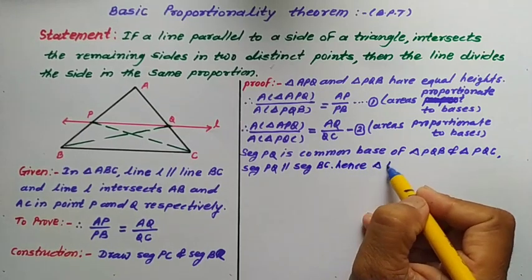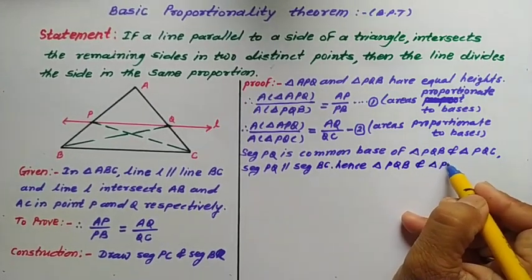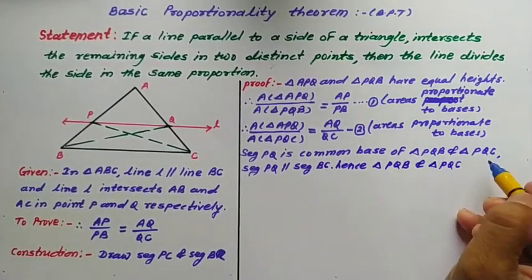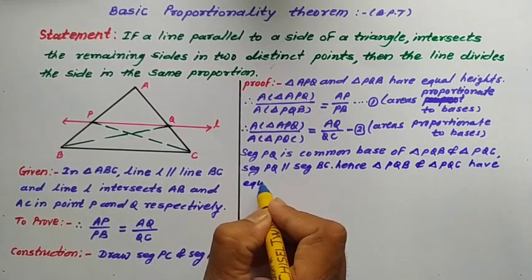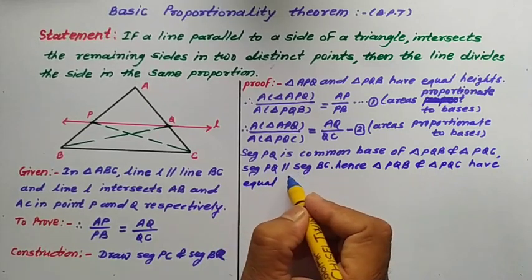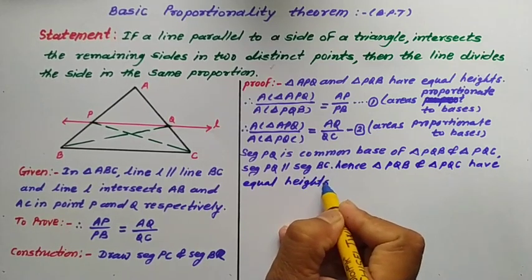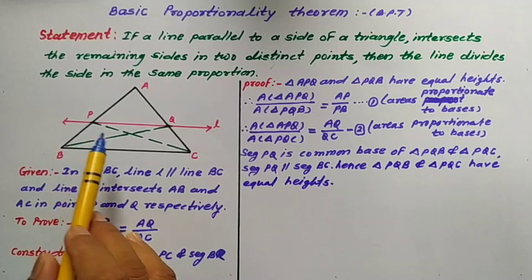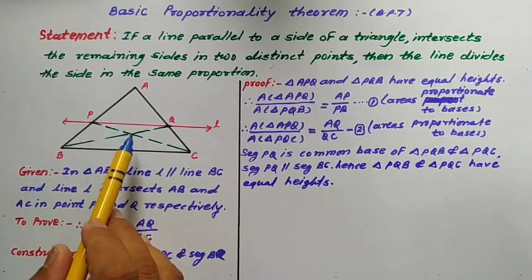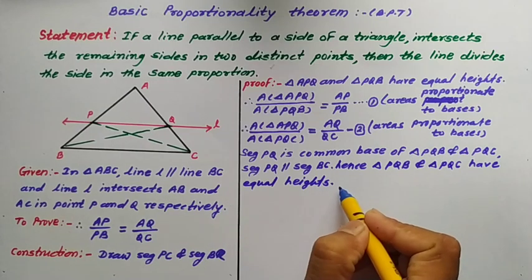The height and base of these two triangles are equal, therefore the areas of the two triangles are equal.